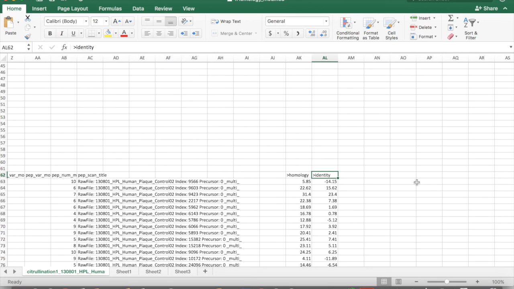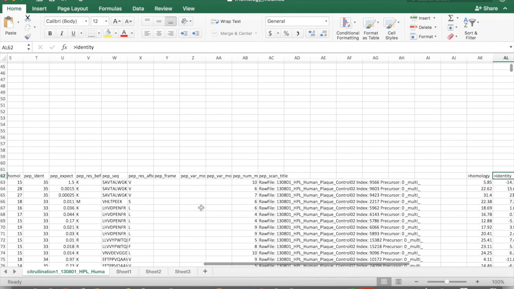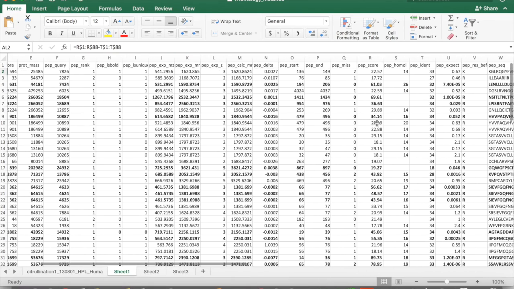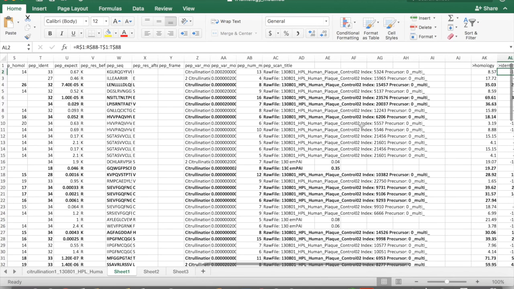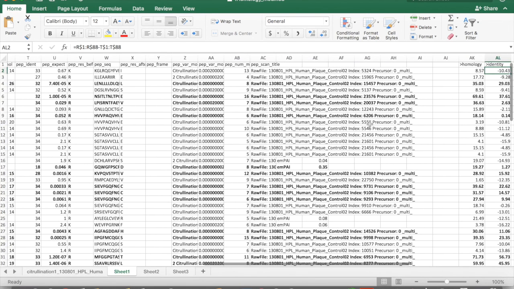Then we sort the data first by peptide variable modification, then by greater than homology threshold. We extracted the rows of peptides which have citrullination variable modifications and have a peptide score greater than the homology threshold.